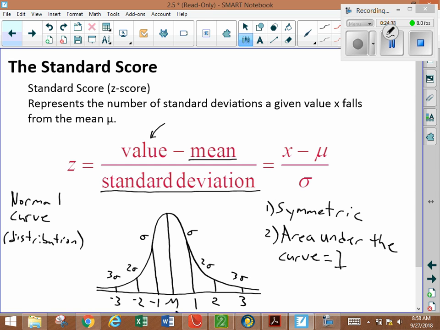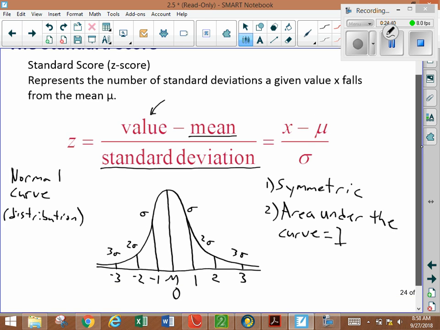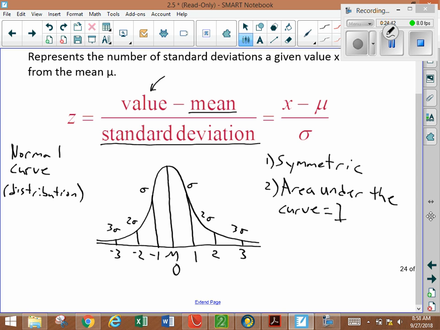Where is that in this picture? It's way over here. How much data is above this area? It's not much. There's a little tiny spot there. So you can look at it in terms of where it is on this big old curve. It would be really rare to have a bill that's higher than that.